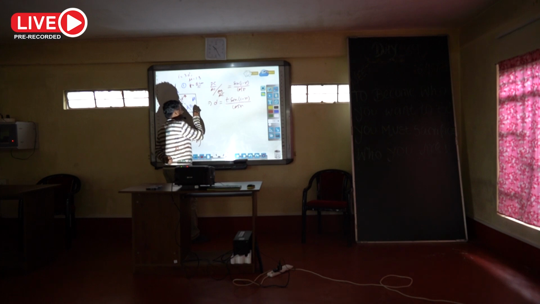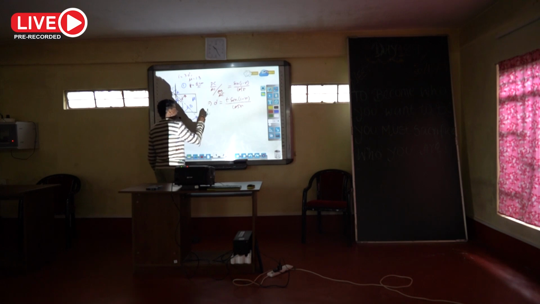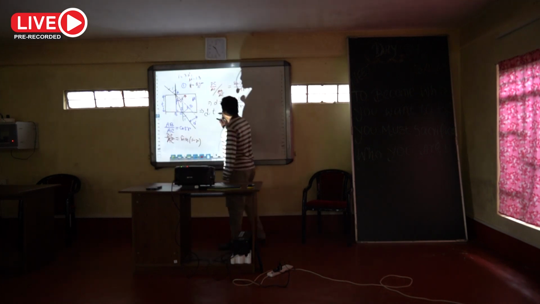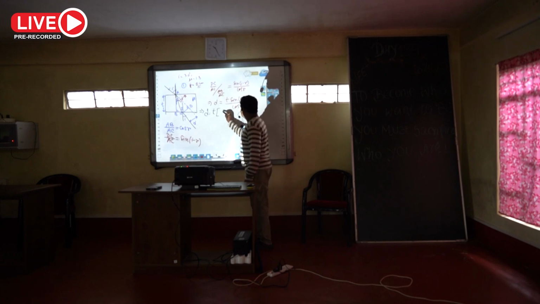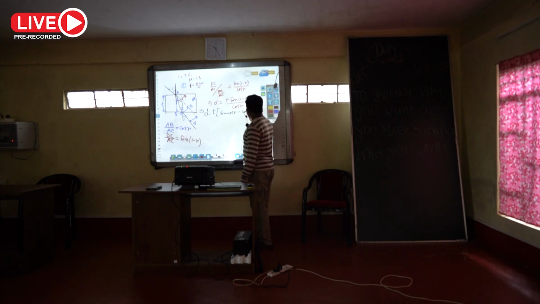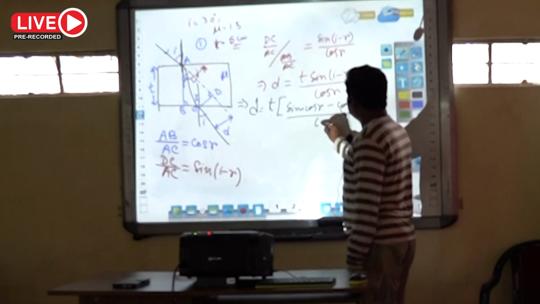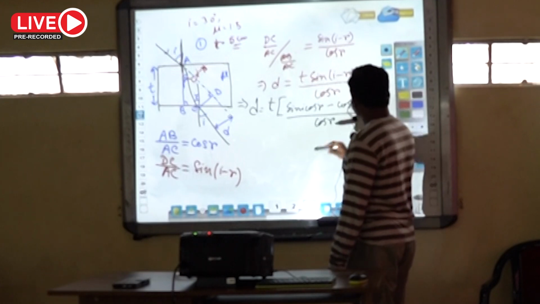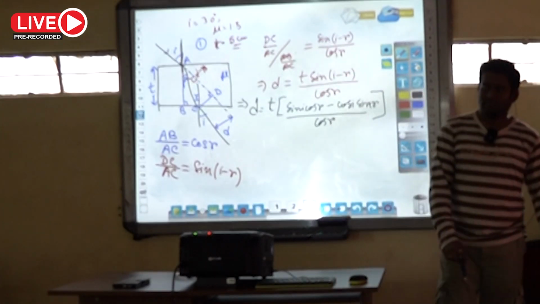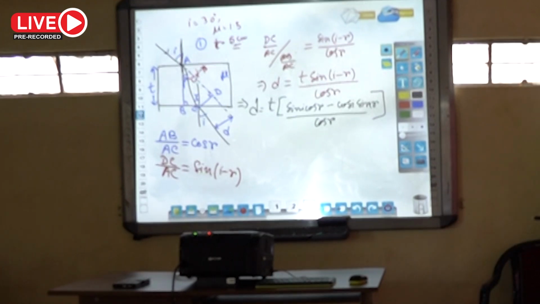I can write this one as t equal to t into sin I cos r minus cos I sin r divided by cos r.